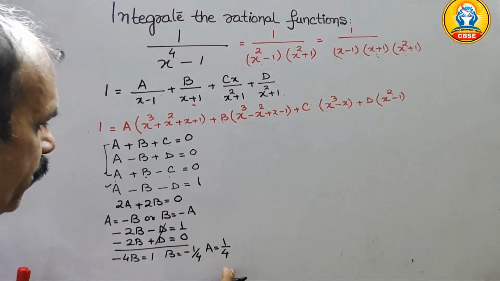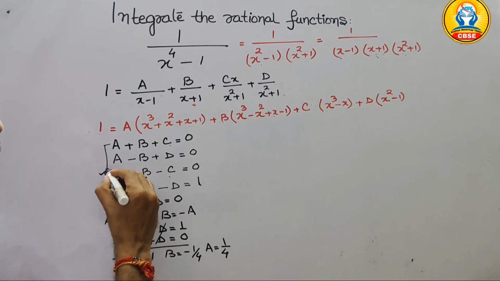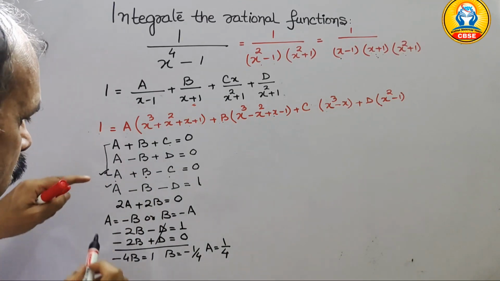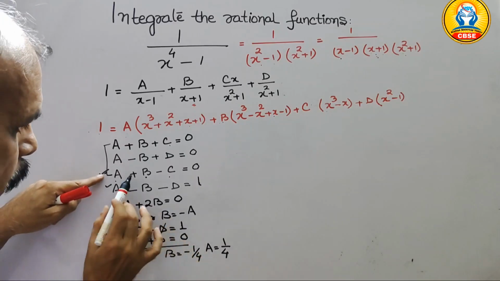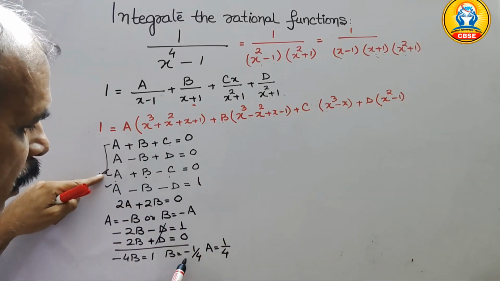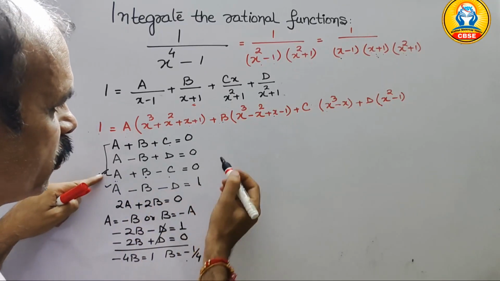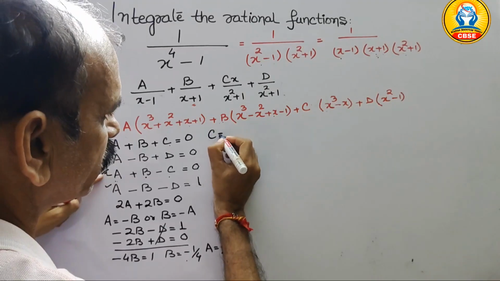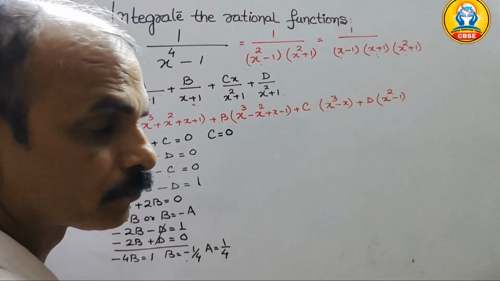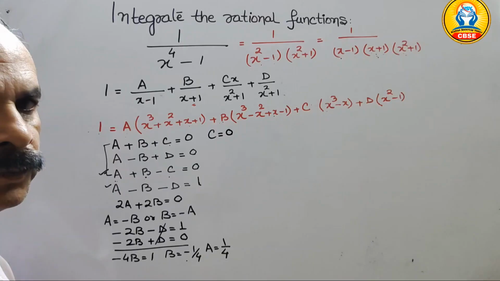Now this A and B we will substitute here. A is 1 by 4 plus B is minus 1 by 4, so this will go out. Therefore minus C is equal to 0, so C is equal to 0.